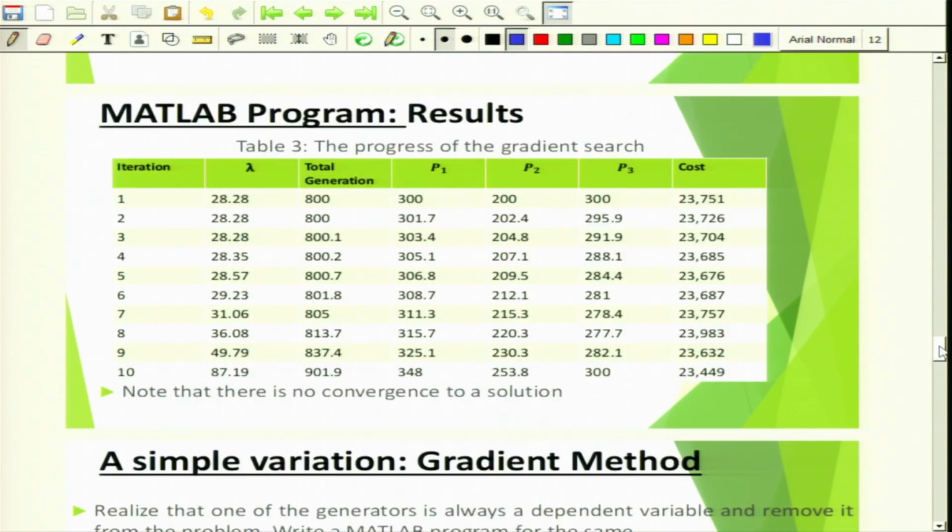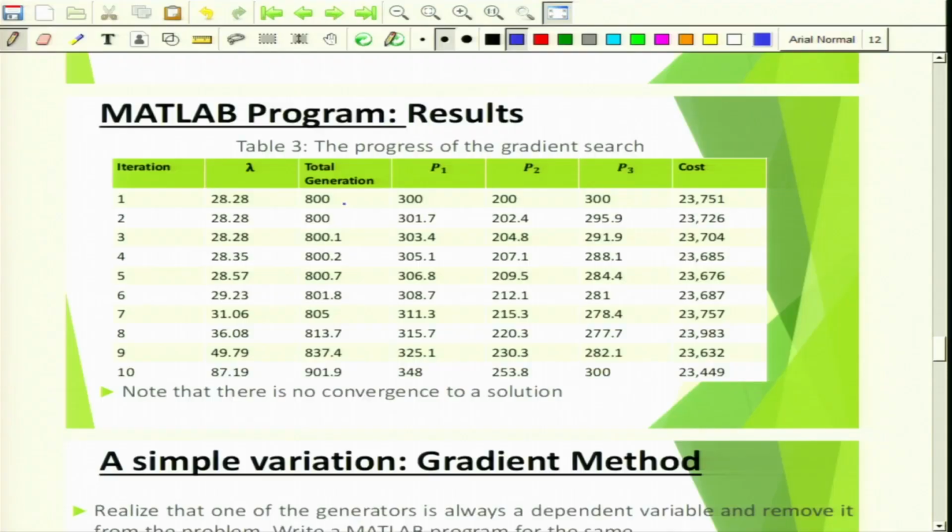Now for the next iteration, check whether the lambda is the same as the lambda average. If that is not the case, then you get the new lambdas. You follow the same steps which I have asked you to follow, and ultimately you would get this set of results.